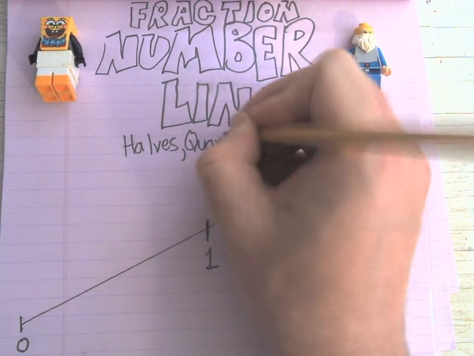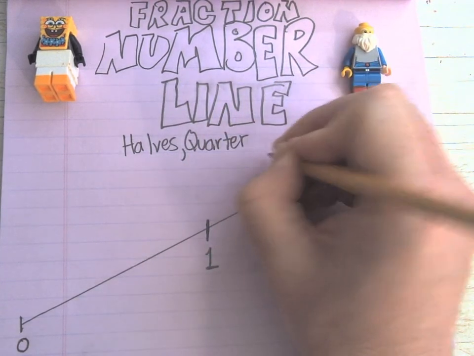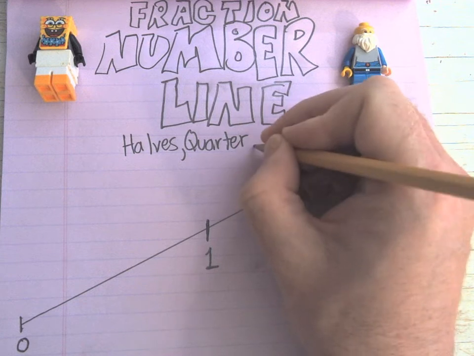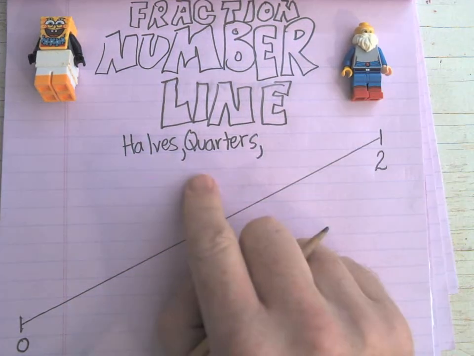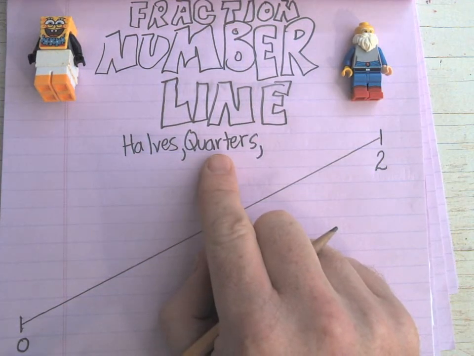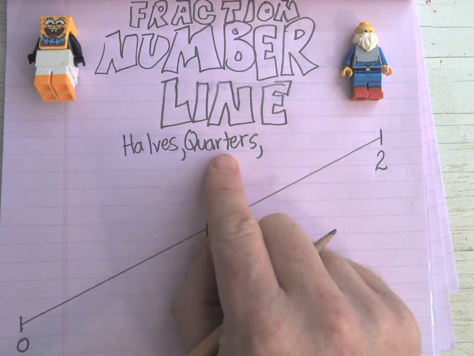Quarter chicken dinner from Swiss Chalet. Quarters, or quarters. If you ever go to an arcade, you put in quarters. Or if you ever use a payphone. Did anyone ever use a payphone in their lives? I wonder.